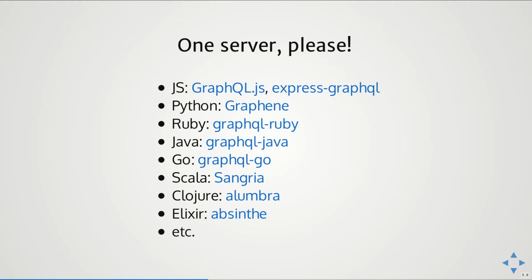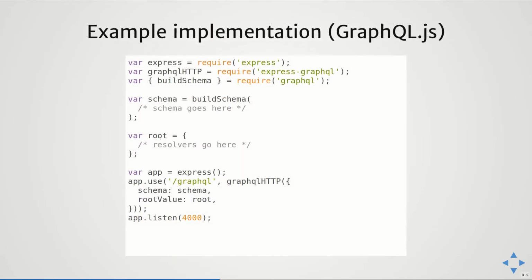If you want to write a GraphQL server, here are all the libraries you can use. And this is an example implementation done in GraphQL.js, which can also be plugged into an Express.js server on Node.